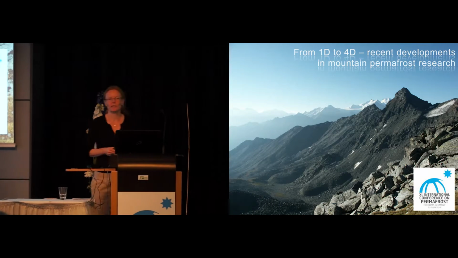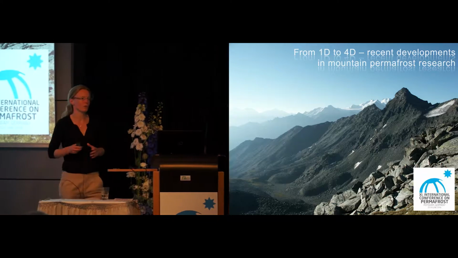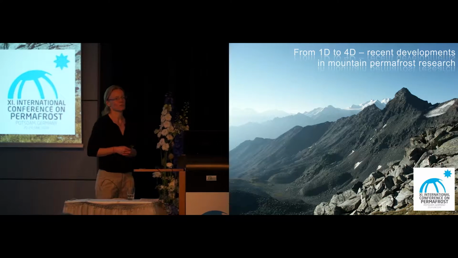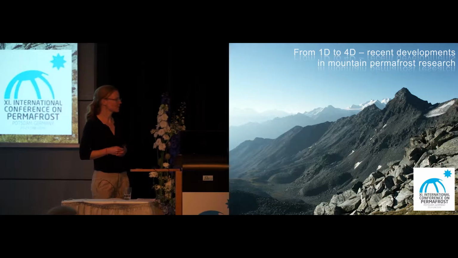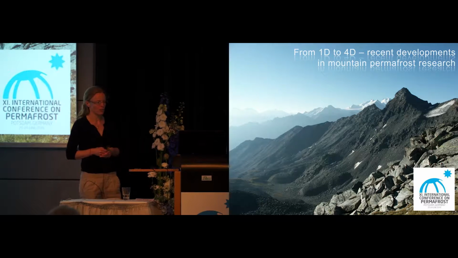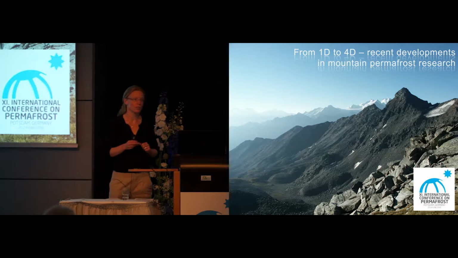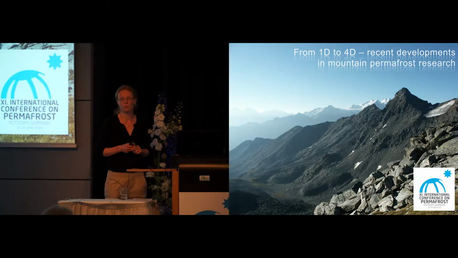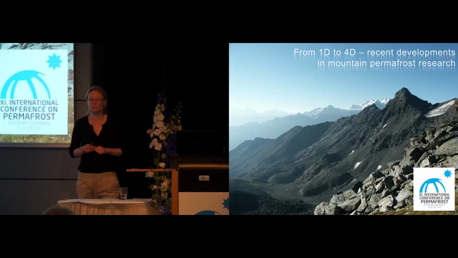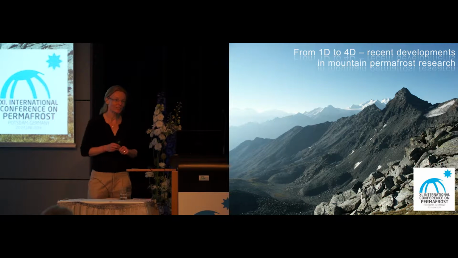I was asked to give an overview of recent developments in mountain permafrost research. And actually I wanted to start with a number: how much permafrost is out there in permafrost regions. This is actually not so easy, as we also learned from the publications by Stefan Gruber. It depends very much on the definition of what is a mountain.